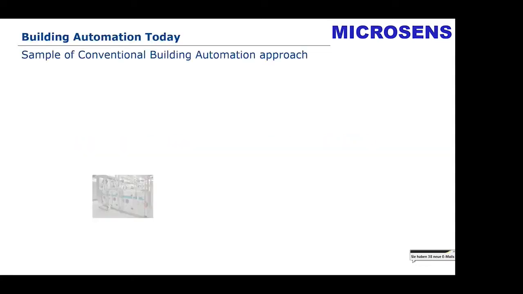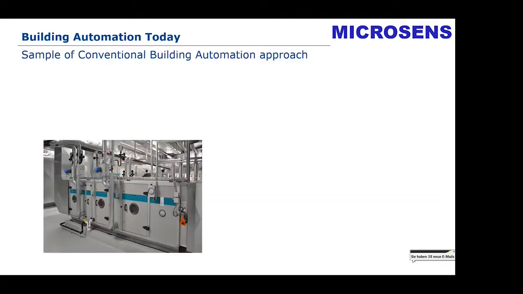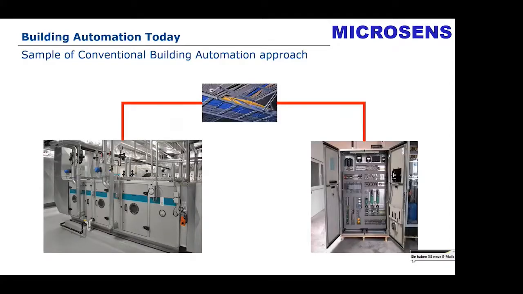I'm pretty sure everybody knows this concept. You have a classical device like an HVAC unit, could also be something different. You have a cabinet where you have the automation parts and the cabling. What you see here is the typical conventional way of doing automation.